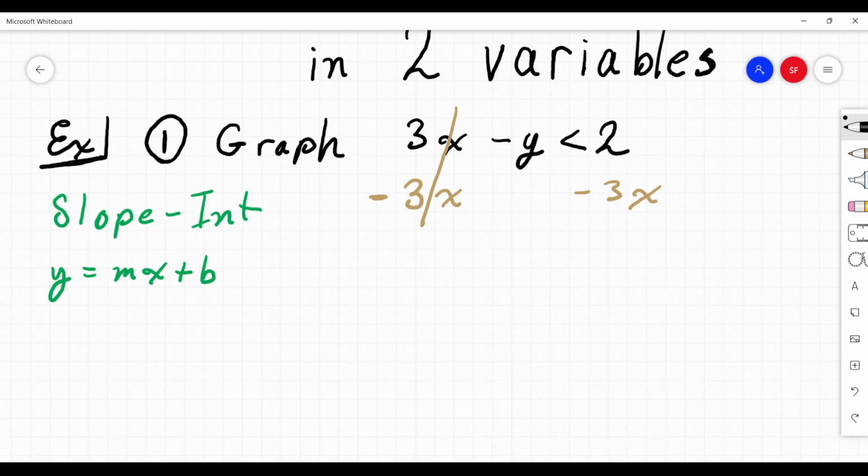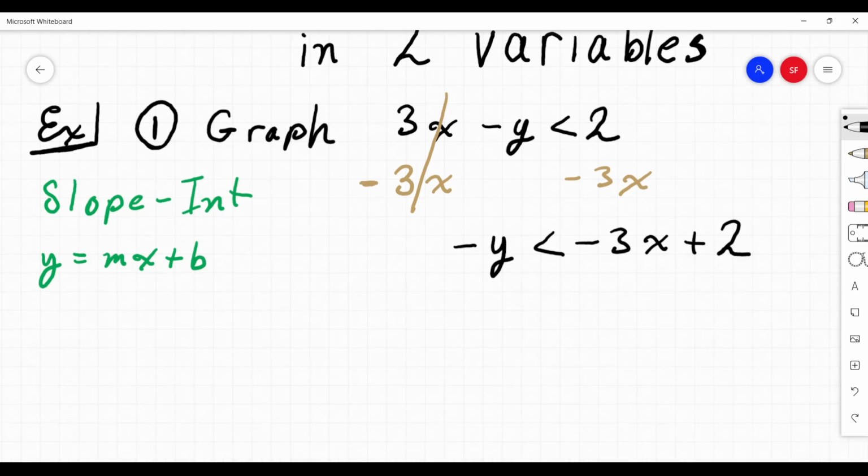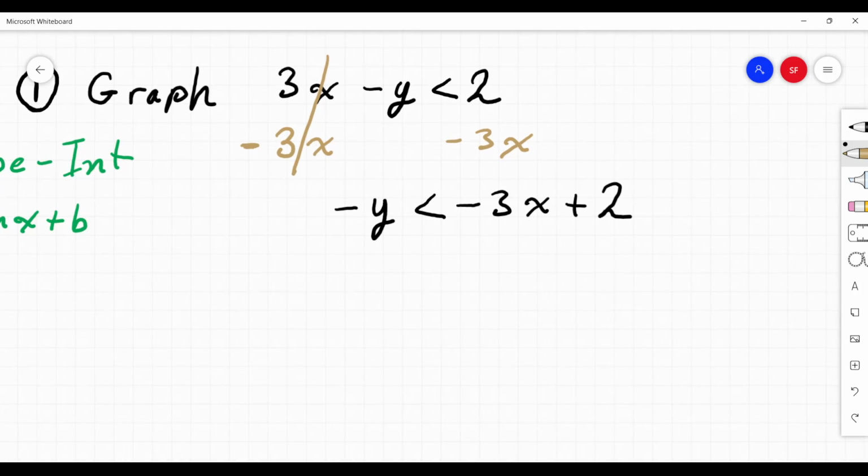So what do we end up with? Negative y is less than, no, negative 3x plus 2. Now what should we do? Divide by negative 1.